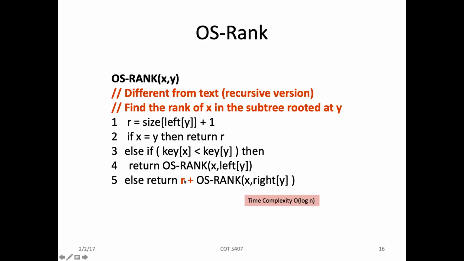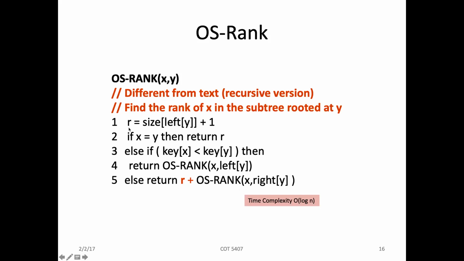Remember, when you go down to the right subtree, you will only figure out its rank within the right subtree, but then there were a whole bunch of items that were prior to it. And so you add R, the number of items that are prior to whatever comes in the right subtree. So either the value is going to be the rank of X in the left subtree, or the rank of X in the right subtree plus this number R. Remember, R is the rank of the root of the tree.